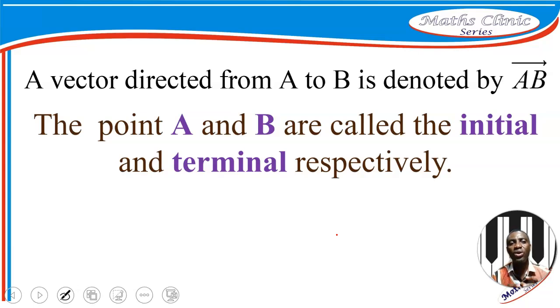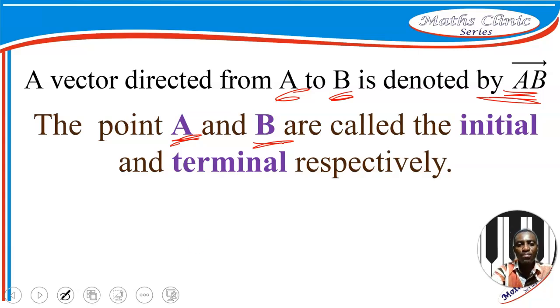Now a vector directed from a point A to point B is denoted by the symbol AB with an arrow on top. Anytime we want to represent a vector, because we're talking about displacement, the distance and at the same time direction, we move from one point to another and we represent it by the symbol AB with an arrow on top, where A is your initial and B is your terminal respectively.